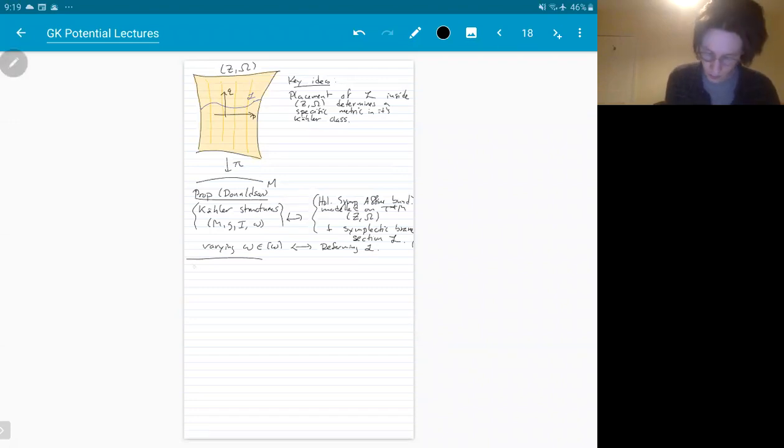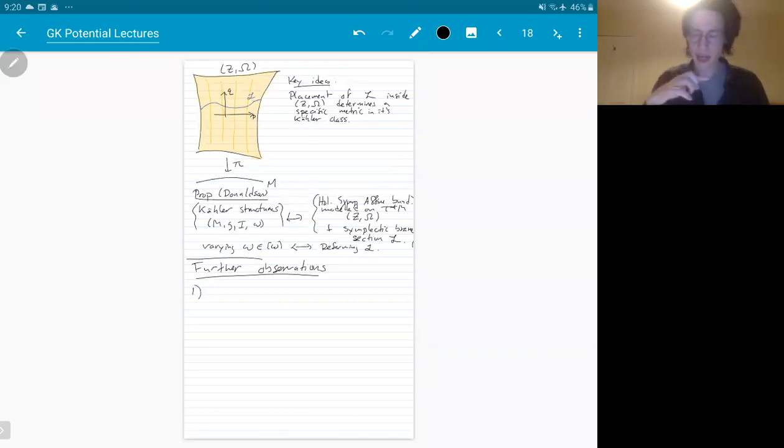So here's a couple more observations. One, we have this L inside of the space Z. Each fiber of Z is an affine space for a vector space, and in order to give an isomorphism between an affine space and a vector space, you just need a point.